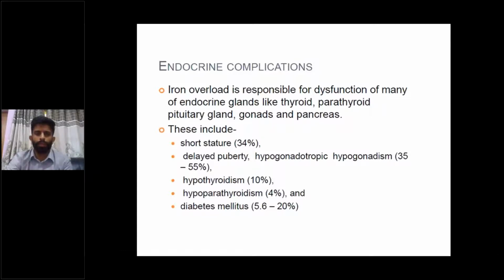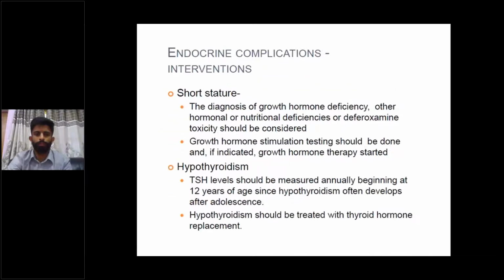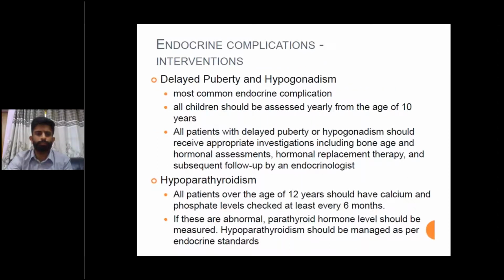Thyroid can cause hypothyroidism, parathyroid can cause hypoparathyroidism, pituitary gland damage can cause short stature, and when the gonads are affected, there's delayed puberty and hypogonadotropic hypogonadism. Because of pancreatic damage, they can have impaired glucose tolerance, eventually leading to diabetes.